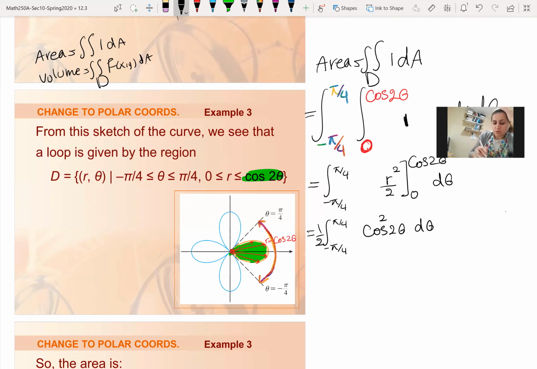One more time, I have something to remind you from the previous course. If you have an even power of the sine and cosine, you have to go by the half angle formula.